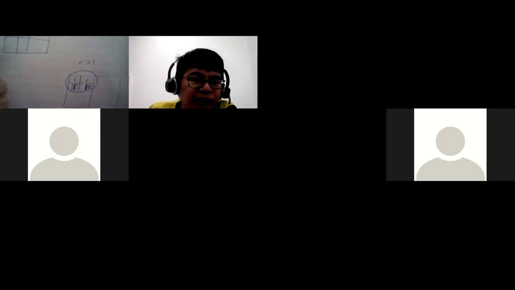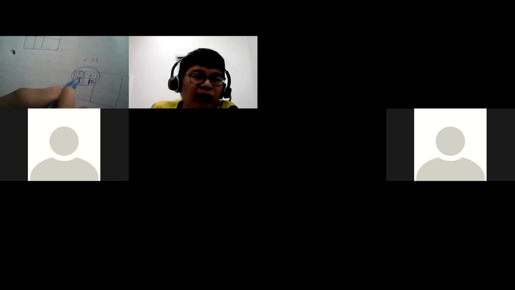So what I mean is this one is just 1, and this is 6, 10, and this is 15. We already calculated the standard deviation here, and it's more than 1. Then we split. How do we calculate the standard deviation for only this? If there is only one number, the standard deviation is equal to 0.